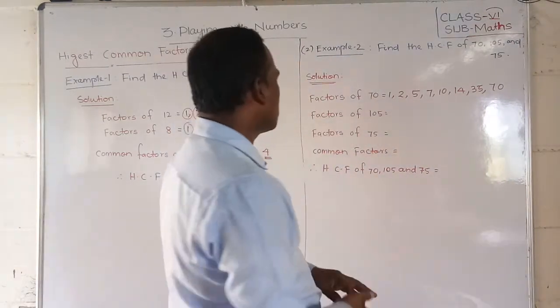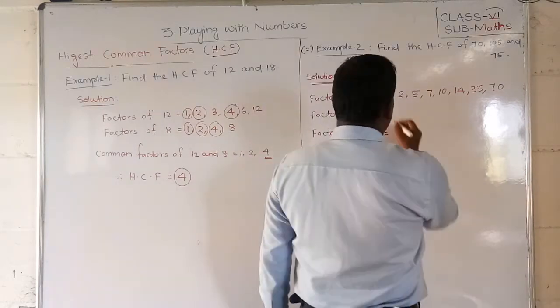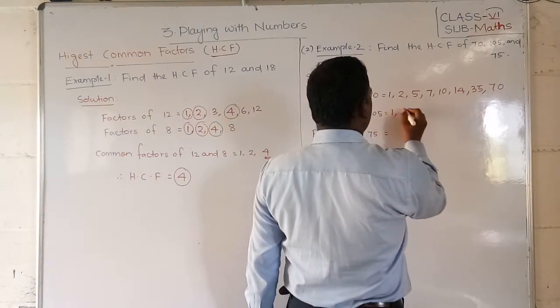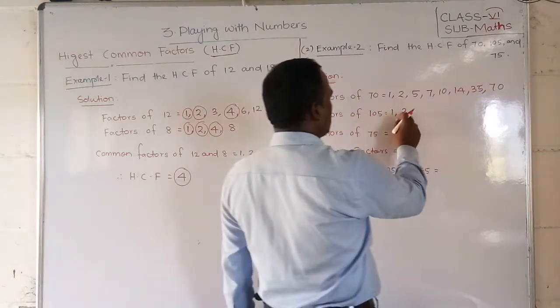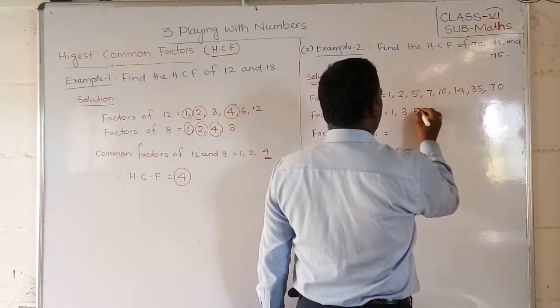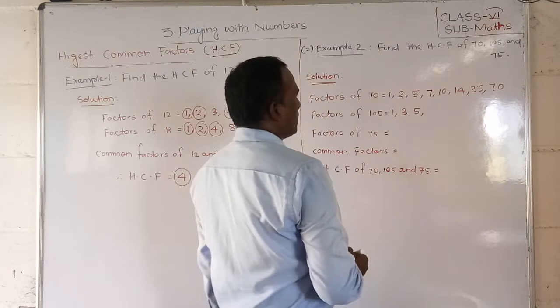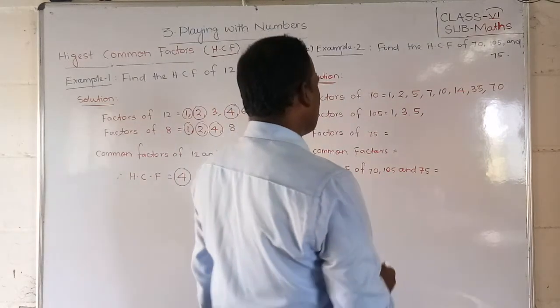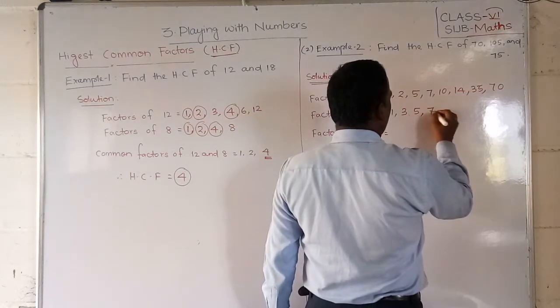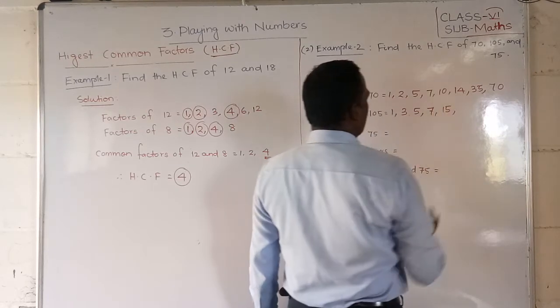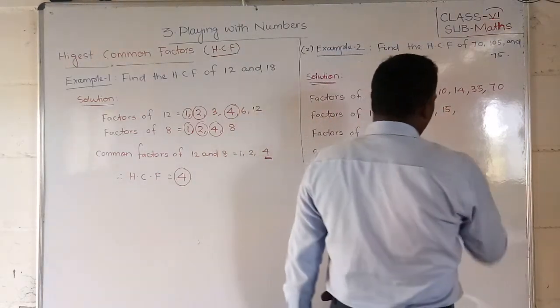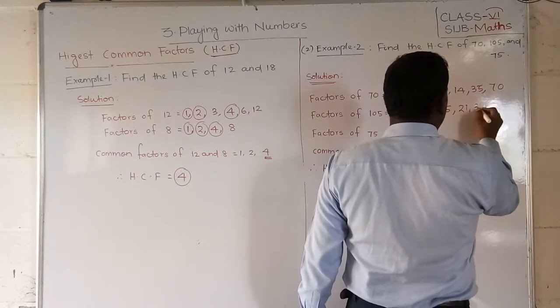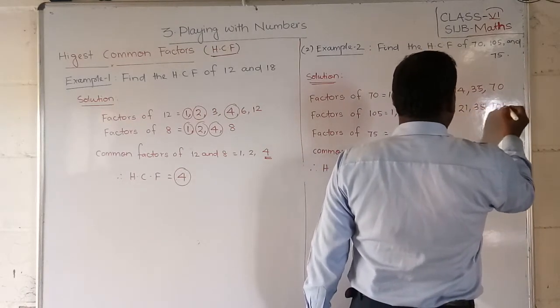Next, the factors of 105. Write down 1. 3 also, because 1 plus 5 is divisible by 3. Next 5 also. 6 won't be. 7 also, and 15: 15 times 7 is 105. Next 21, then 35 and 105.